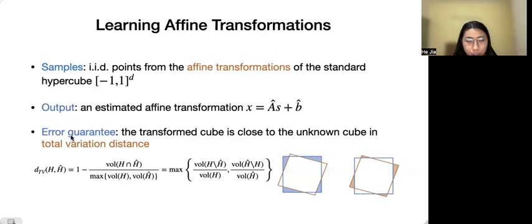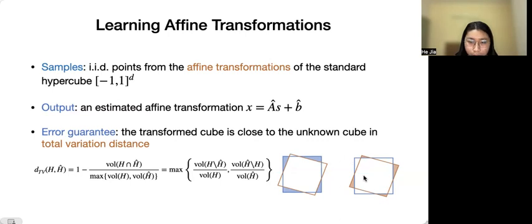Now, a very important thing is how we measure the distance between the true affine transformation and our estimated one. We use the total variation distance to measure the error. Total variation distance is defined as the largest possible difference between the probabilities that two probability distributions can assign to the same event. In our special problem, both distributions we compare are uniform distributions on some polytopes, on some cubes.